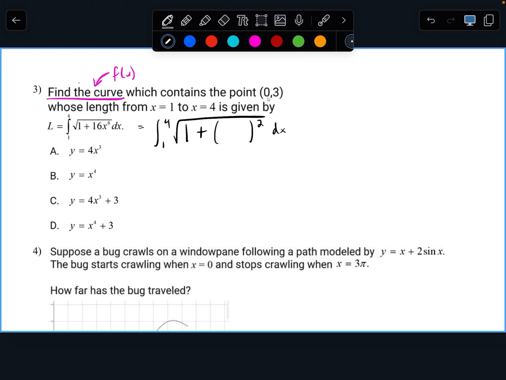If you were going to square and get 16x to the 6th, it would be 4x cubed, right? And of course, that's an option. People are going to circle A and say, I'm done. But remember, that's the derivative.